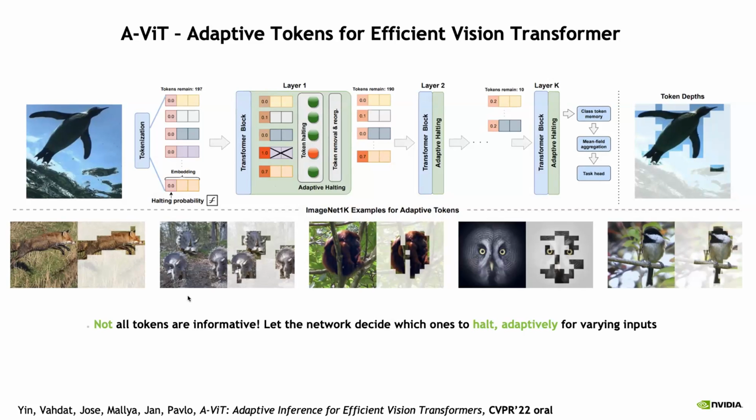The key idea is we let the transformer self-determine which tokens to keep and which tokens to throw away as the inference proceeds. It has some rough estimates of the situation, and then it gradually throws away the backgrounds because they're no longer important for my downstream task. We observed the network is very surprisingly good at this task.